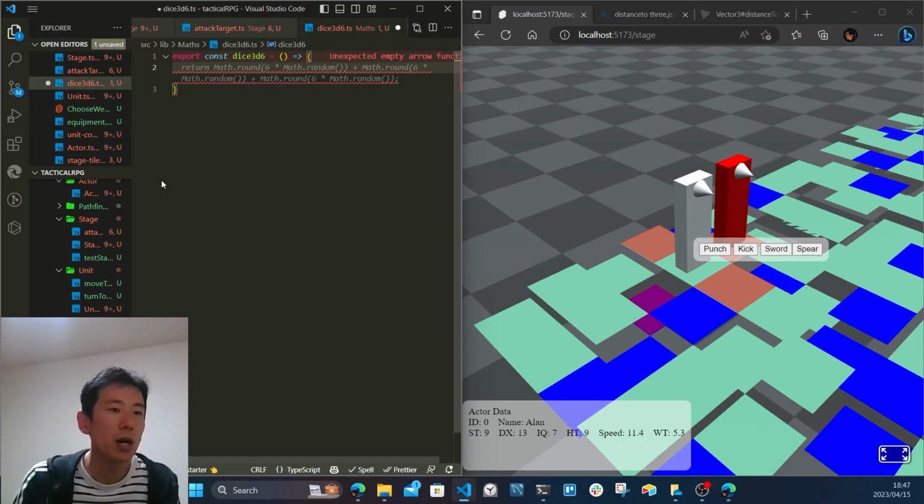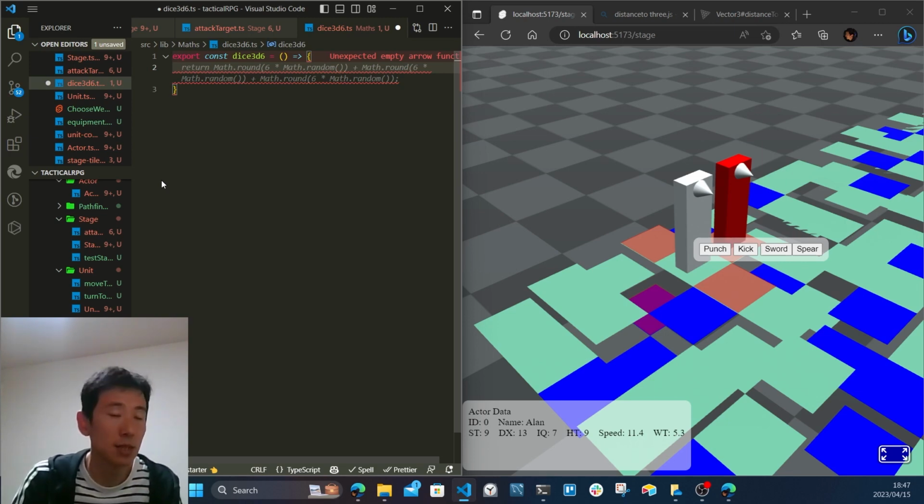So the larger the number, the more likely it's a failure, and the smaller, the more likely it's a success. All we need is a function that returns a number from 3 to 18, which makes the average 10. But 11, 10, 12 are the numbers you get the most, and you really rarely get 3 and 18.